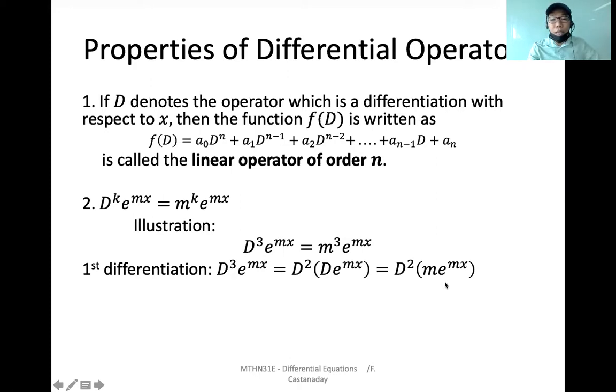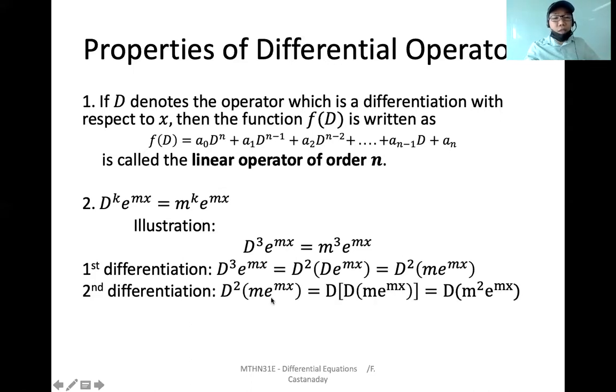It's e raised to mx, we just copy this exponential function and then differentiate natin yung mx with respect to the independent variable na x. So that is equal to m. Kaya meron tayong m as the coefficient of this exponential function. Now this becomes the expression that you're going to differentiate. So meron pa tayong dalawang beses na magdi-differentiate.